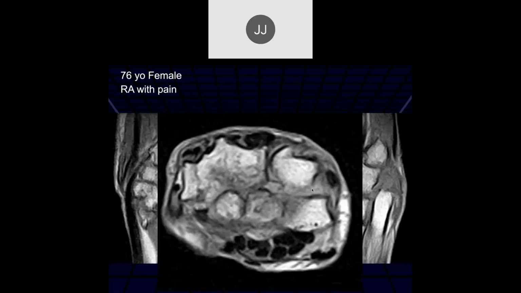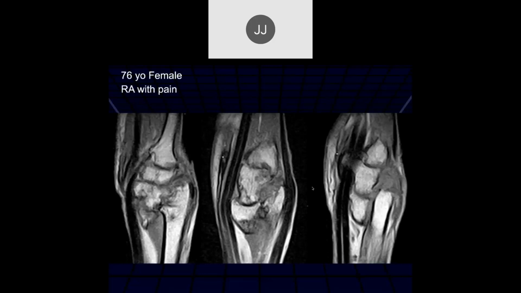Was that patient a proximal row carpectomy? Yeah, I don't think this one has had a carpectomy yet. Here's the lunate. It doesn't look like much left. Yeah.